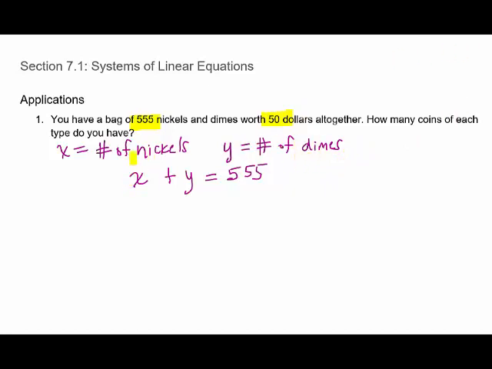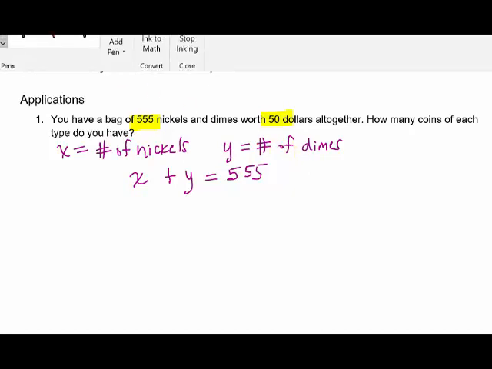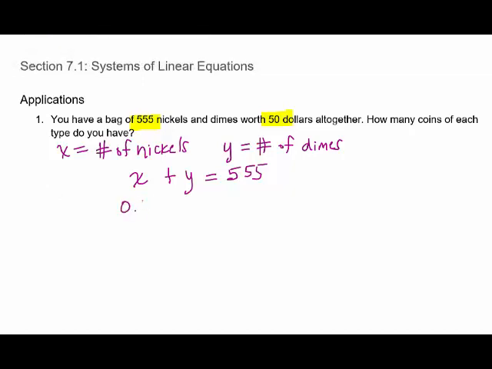And so nickels are 5 cents, dimes are 10 cents. We're going to write these in dollars. And so we get this equation: 0.05x, that would be how much money in nickels that we had, plus 0.10y, and that would be how much money in dimes, is equal to 50 altogether.